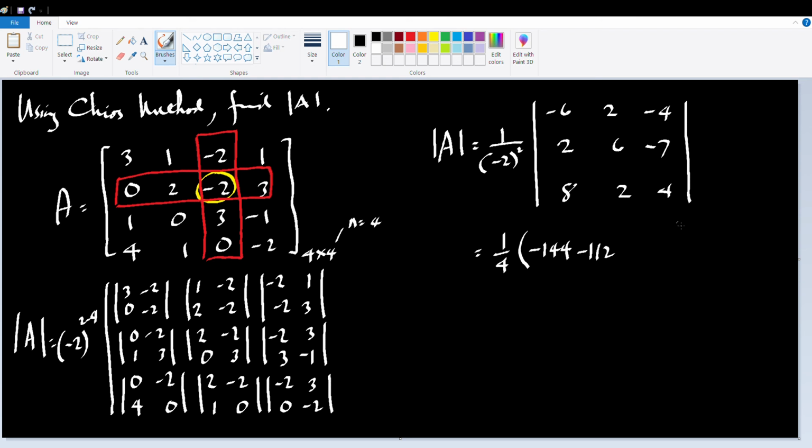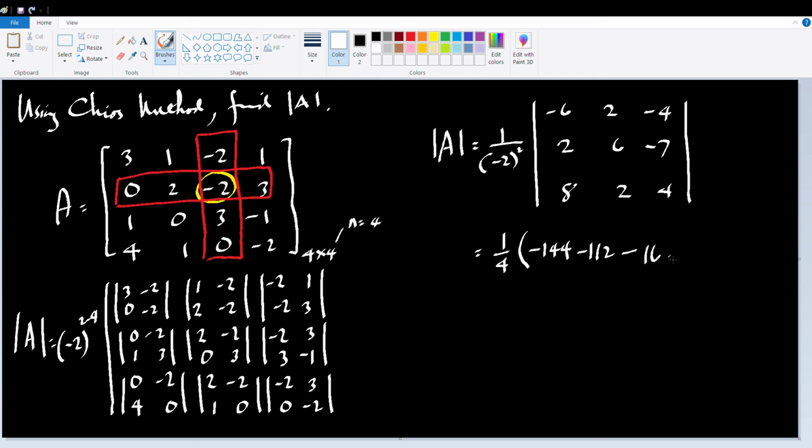Okay, where am I? What did I do here? 36. This will be negative 14. Negative 14 times 8. Okay. And then negative 16.